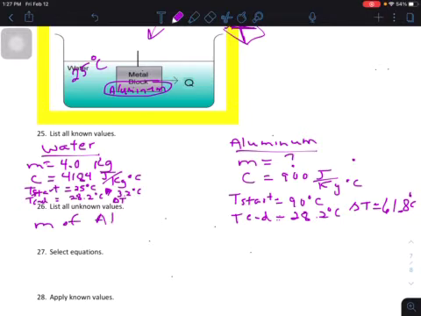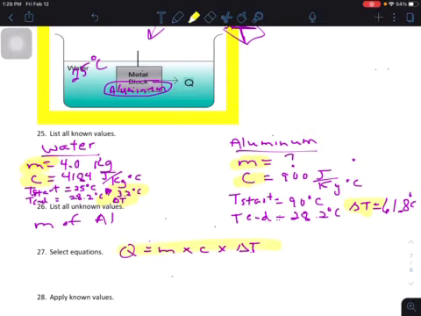Select our equation. The equation we're using is our heat equation: the heat energy equals the mass times the specific heat times the change in temperature. That's why we're looking for the mass, specific heat, and change in temperature, because we're going to put them into this equation.